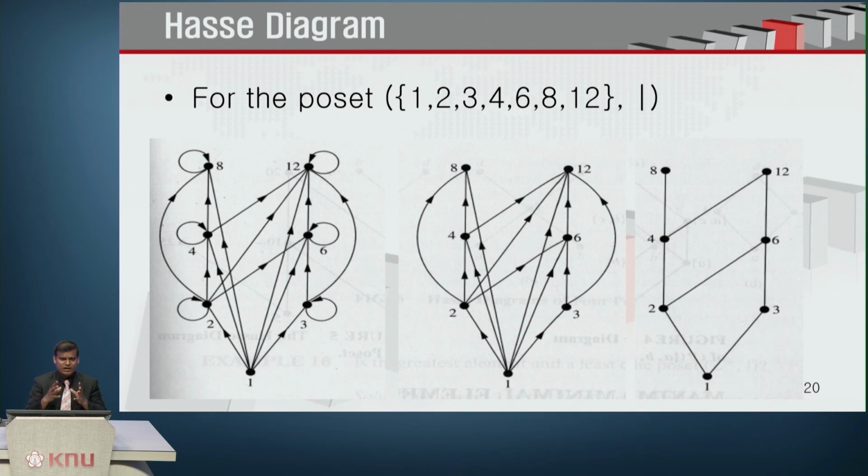In this example I have given these steps: you remove the loops initially, right, and in step 3 you can see in this diagram all the arrows as well as the circuits being removed. So this is one perfect example of a Hasse diagram.